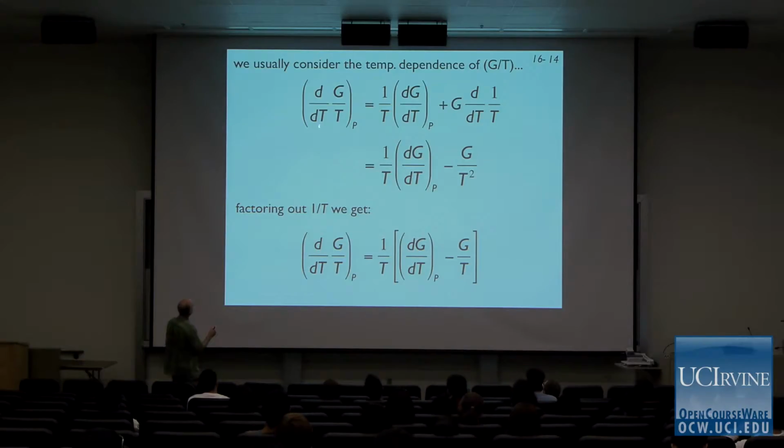All right, and so if we take the derivative of this quotient now, we have to use the quotient rule to do that. And we walked through this algebra on Monday. All right, but we get down to here. So what are we doing? We've got 1 over T times the derivative of G with respect to T, and then G times the derivative of T with respect to T.